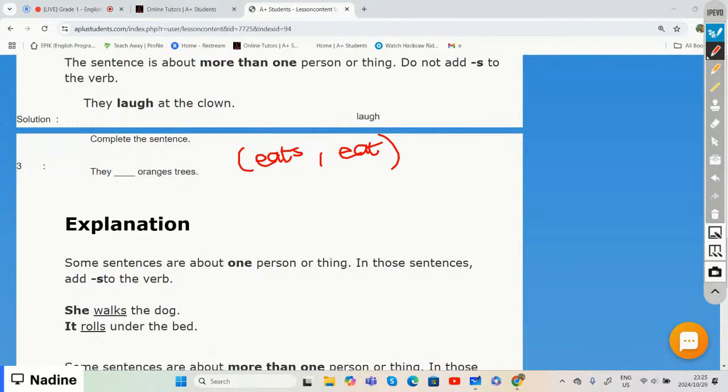They is more than one person. All right, so if more than one person does something, remember we said our verb does not end with an s. So well done, they eat.